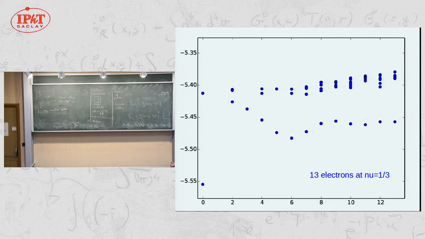Okay? So if now you look at the spectrum for n electrons on the sphere, taking into account this offset, you should see something that has to do with the Laughlin state if I take the Coulomb interaction. And I claim that this is indeed what happens, and then we will make a break.